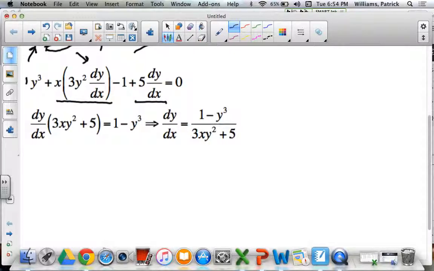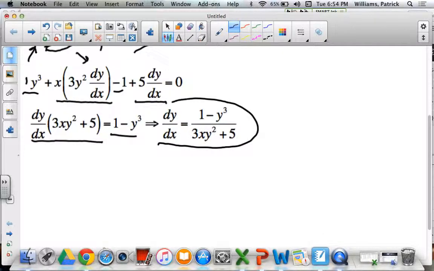So I can factor the dy/dx out, and then we're just left with that. Now we also have a y cubed standing by itself and a 1 standing by itself. If I bring those over to the other side of the equation, I get 1 minus y cubed. So I divide both sides of the equation by 3xy squared plus 5, and we're left with our final equation for what dy/dx is.